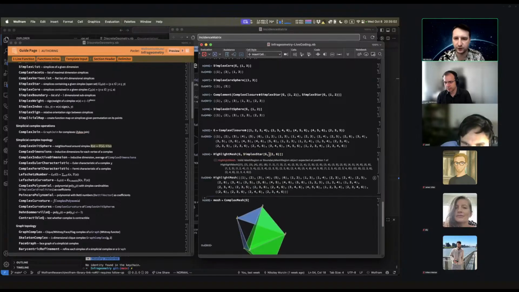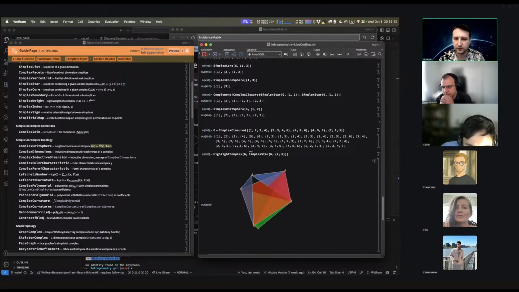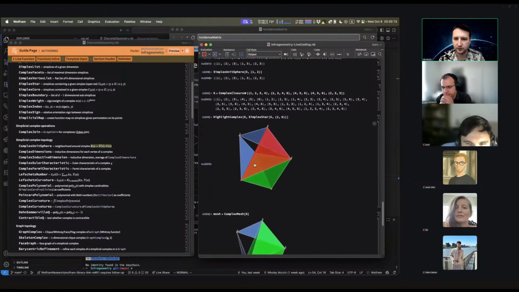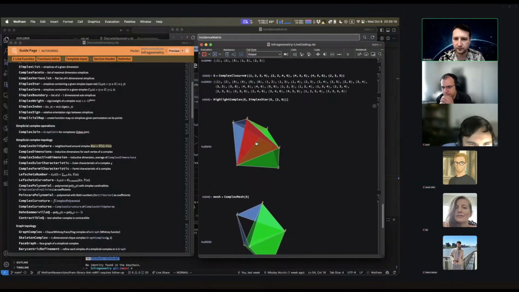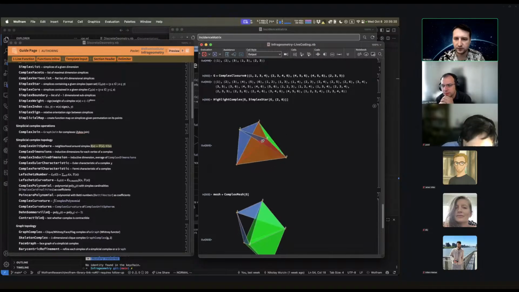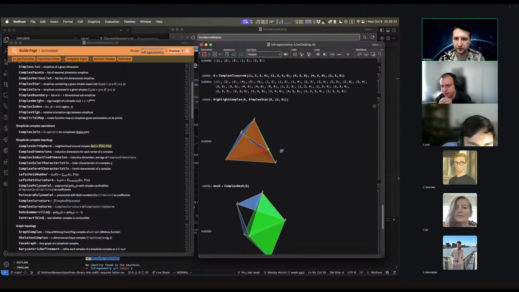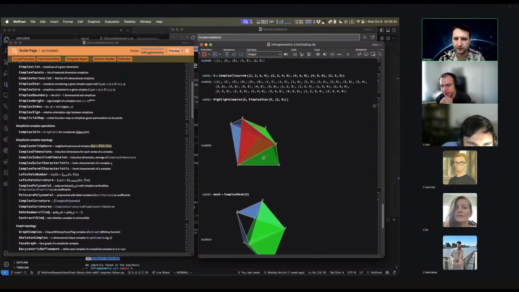Is it working? Oh, we need no highlight. So it highlighted that edge 2, 6 and then this triangle space and this adjacent space to it.